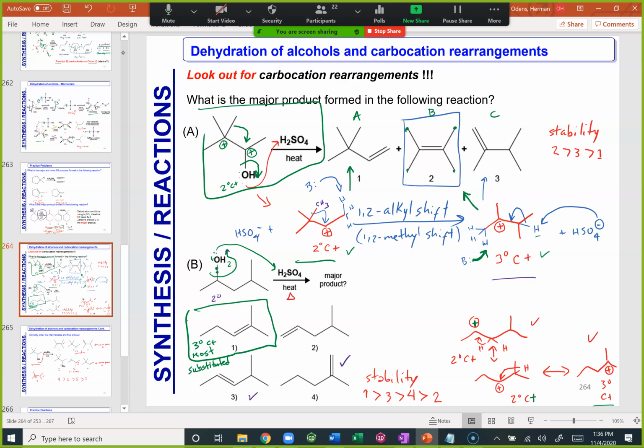Kind of hard to concentrate with that noise. All right, so we have 3 reaction intermediates before we get to the final product. You see that? That's why you need to figure it out. That's why you need to think. All right, so the tertiary carbocation, if it loses one of these hydrogens, will give you 1.